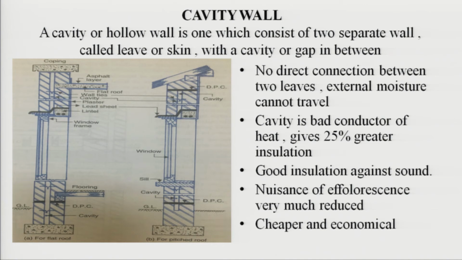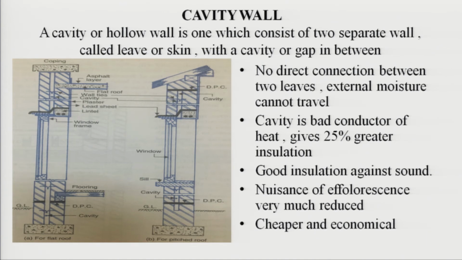The cavity is a bad conductor of heat and gives 25% greater insulation of the structure. It gives good insulation against sound. The nuisance of efflorescence is very much reduced. It is cheaper and economical.